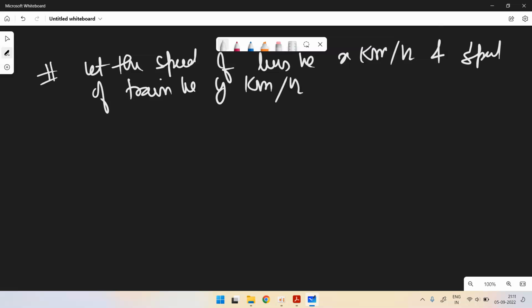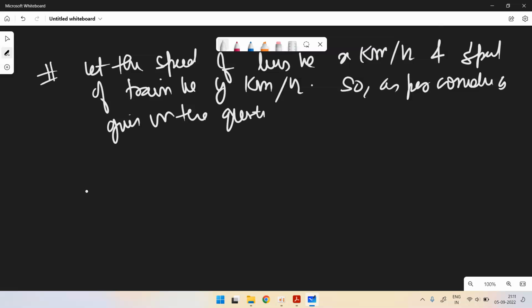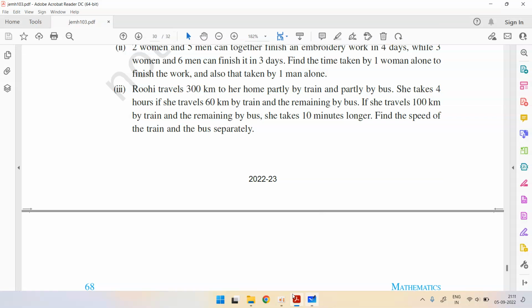So as per the conditions given in the question, the equation will be: 300 partly by train and bus takes 4 hours if she travels 60 km by train.